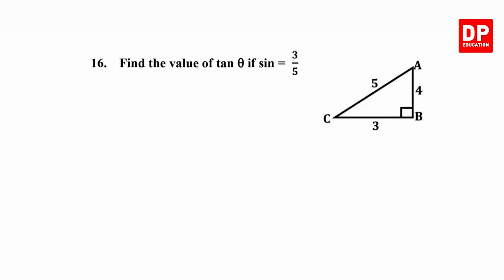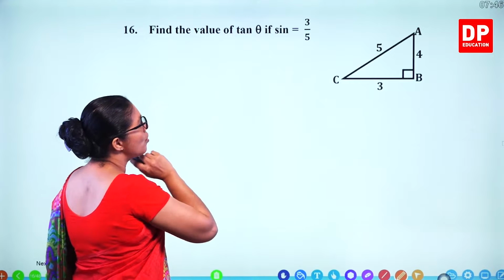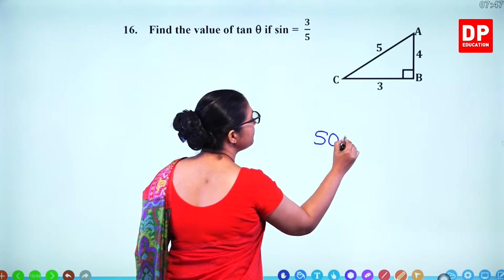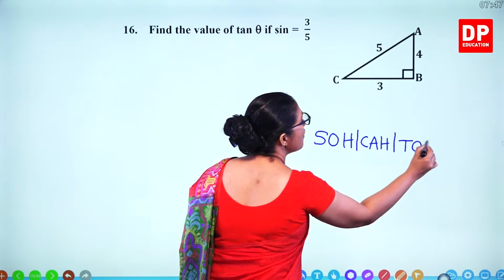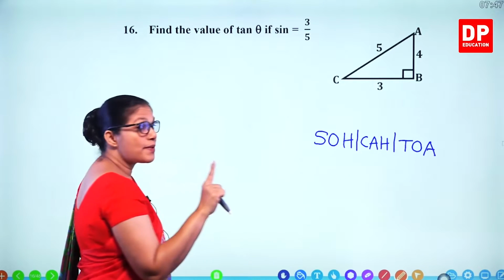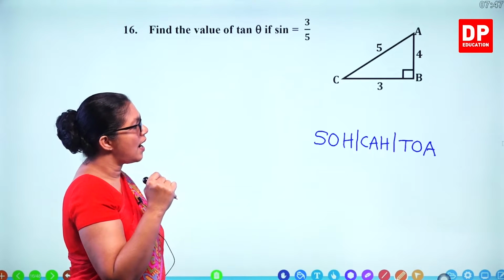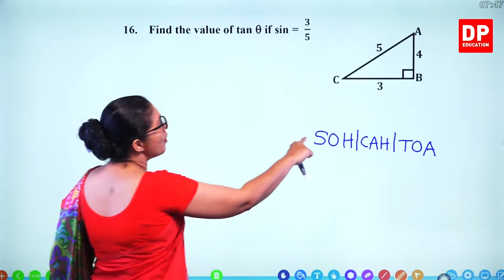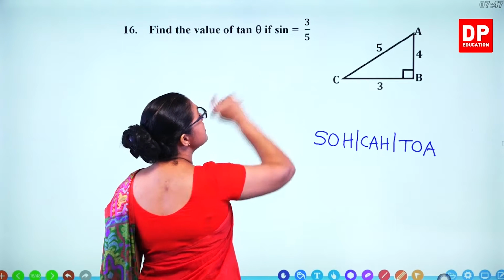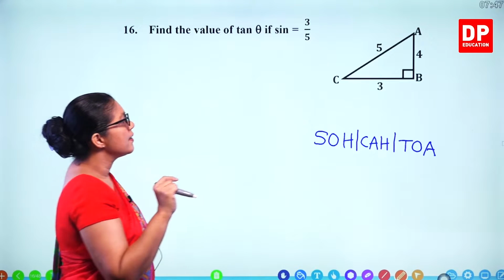Question number 16. Find the value of tan theta if sin theta is 3 over 5. Can you remember the ratios? SOHCAHTOA. That means sine ratio is opposite over hypotenuse, cos ratio is adjacent over hypotenuse, and tan is opposite over adjacent. So here, sine is given, that means opposite over hypotenuse is given.